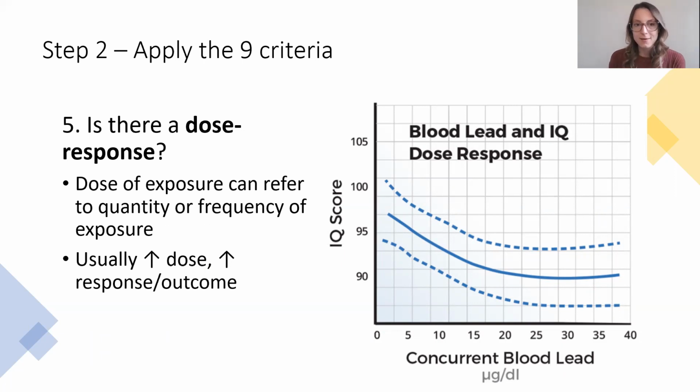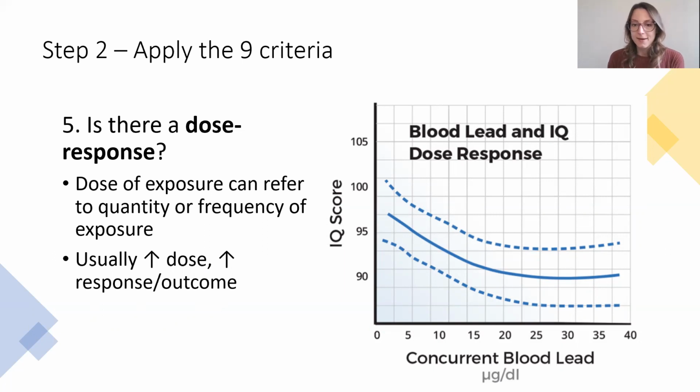Now, usually a dose response is a fairly simple kind of relationship where an increase in the dose, right, an increase in the amount of exposure generally leads to an increased response or a health outcome. In the real world, these are not always simple linear relationships. And so for example, there I've got the figure of blood lead quantities and IQ.